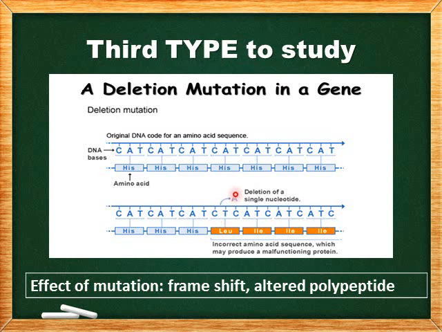For sure, it's an error. We can't remove or add any extra nucleotide. So, once this A is removed, eventually what will happen?